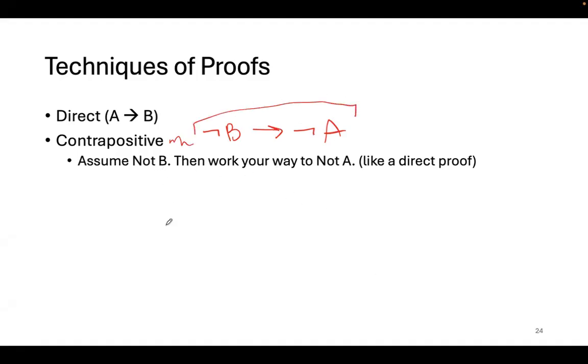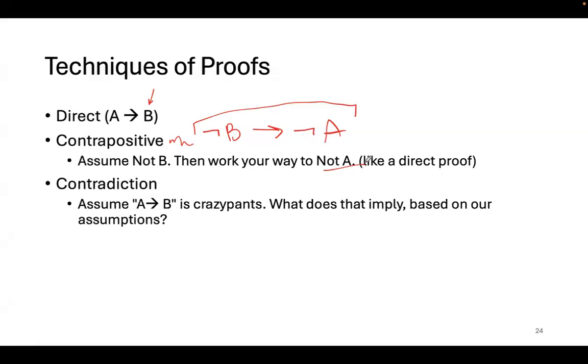So the way that it works is we assume that the thing we're trying to prove is not true. So if we can write it as A implies B, then we assume B is not true, and then we work our way to not A. This is also fairly similar to a style called proof by contradiction, but it's a little bit different.